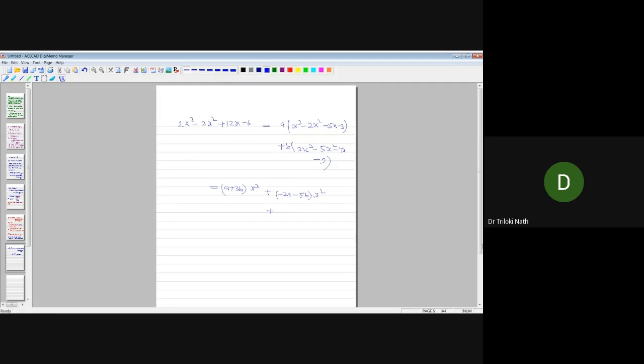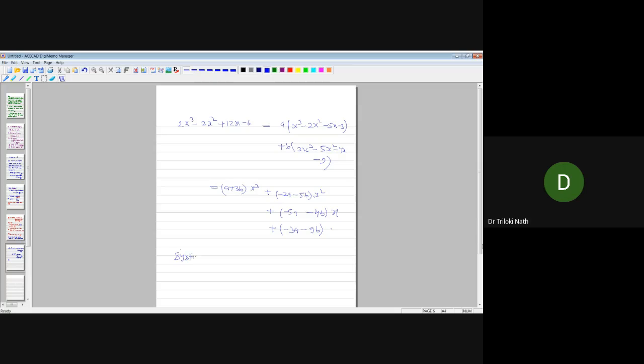Then plus minus 5a minus 4b times x, and the constant term goes like this: minus 3a minus 9b. If we equate the polynomials, the coefficient of x cube must be the same on both sides, the coefficient of x square the same, the coefficient of x the same, and the constant term equal to the constant. Thus, we are led to the following system of linear equations.